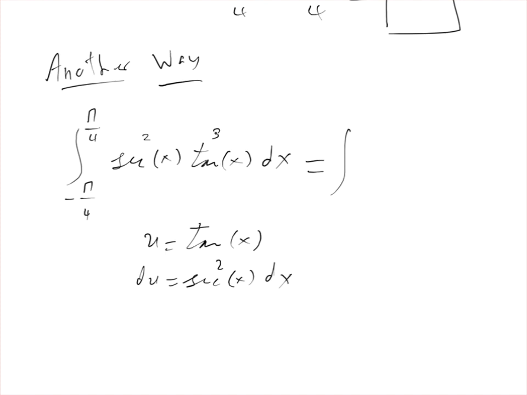And tangent cubed is u cubed, so we have u cubed du. Now, when you set this integral in terms of u, the lower and upper limits should be values of u. The original ones are values of x. When x is pi over 4, u is tangent of pi over 4.